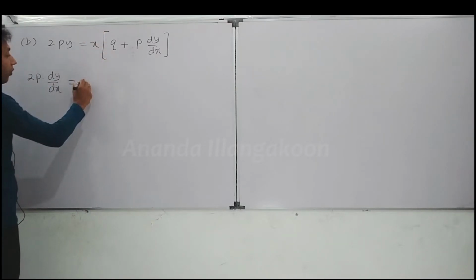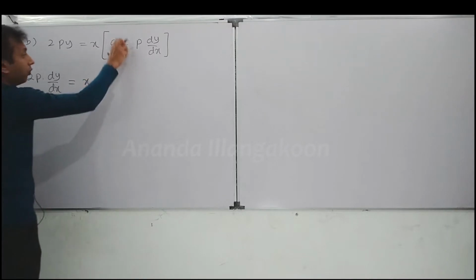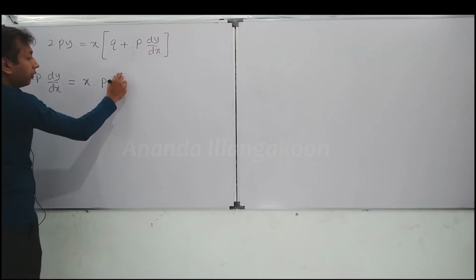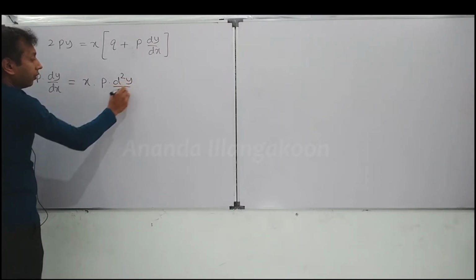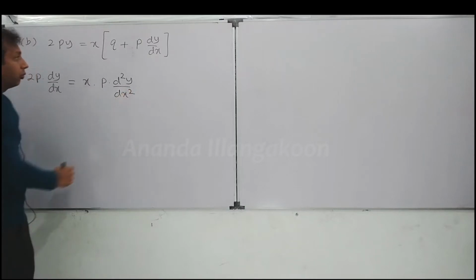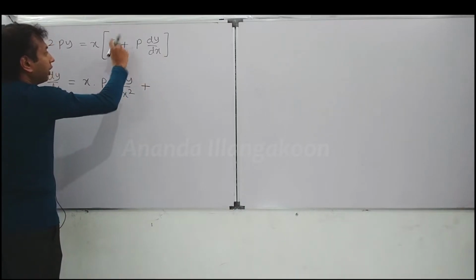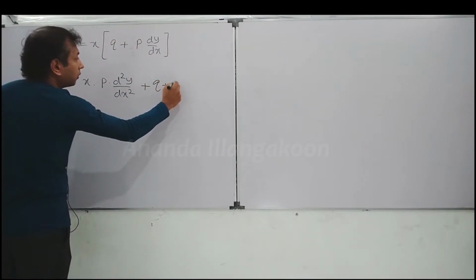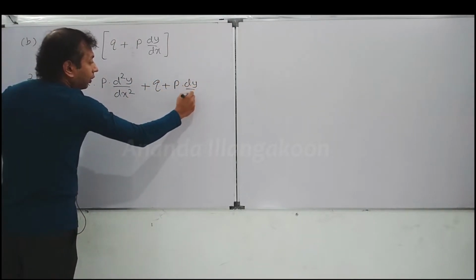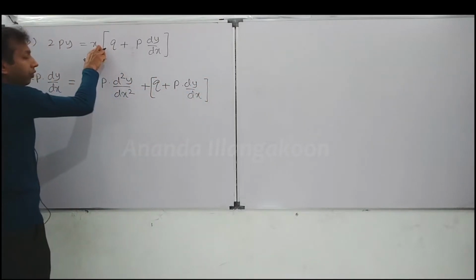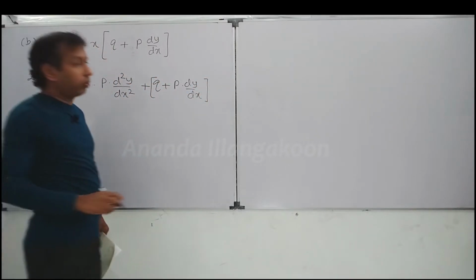We keep this x and we differentiate this, q is a constant, and derivative of p dy by dx is p times derivative of dy by dx, which is d2y upon dx2. And now plus we keep this as the same, q plus p dy by dx, that should be multiplied by the derivative of x. Derivative of x with respect to x is 1.